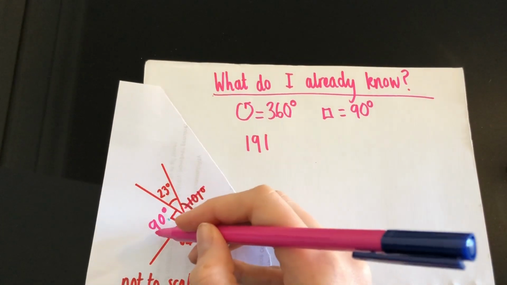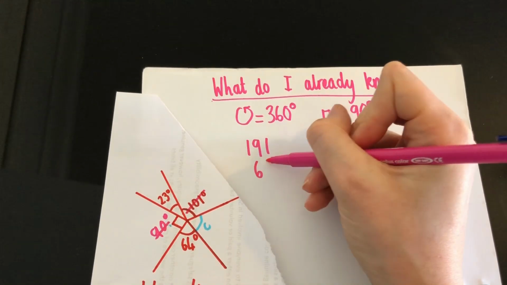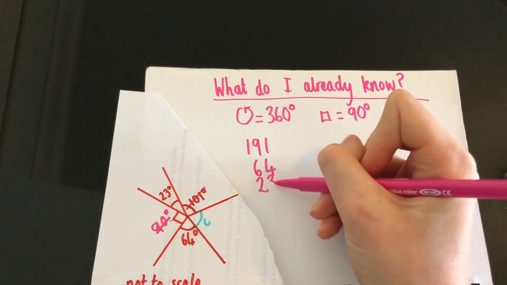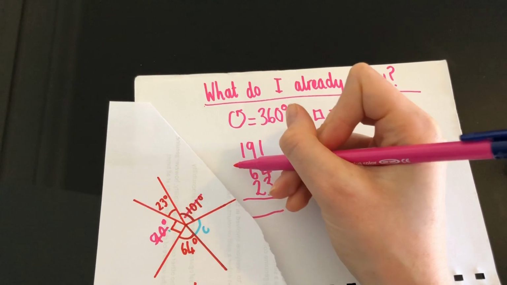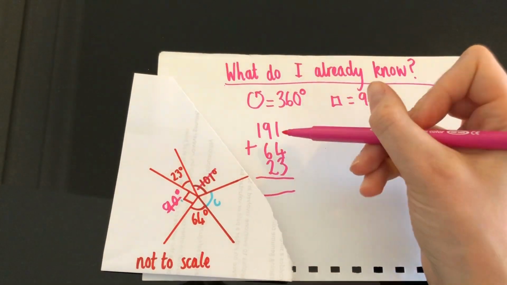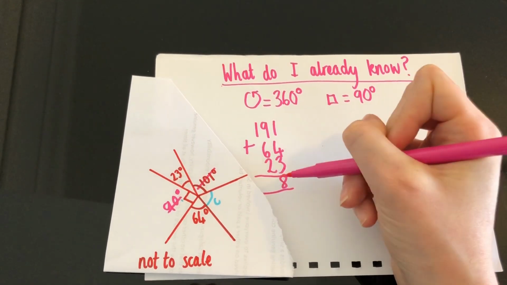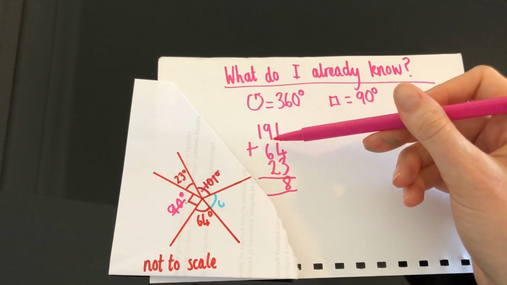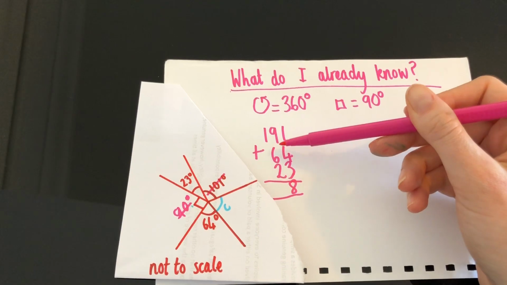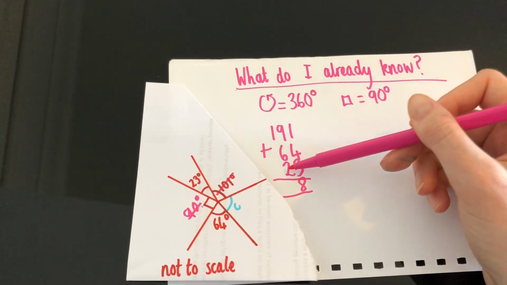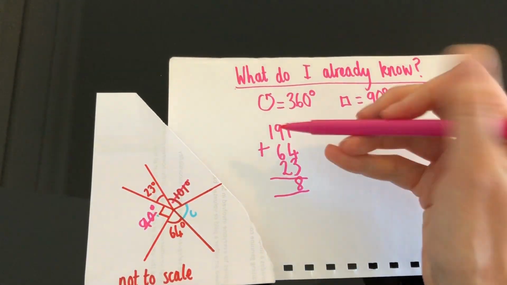191 with these two here, and then I could add my 64 and my 23, and I could add them up. So I've got 1 plus 4 plus 3 is 8. I've then got in my tens column 9 tens plus 6 tens is 15 tens, 16, 17 tens.